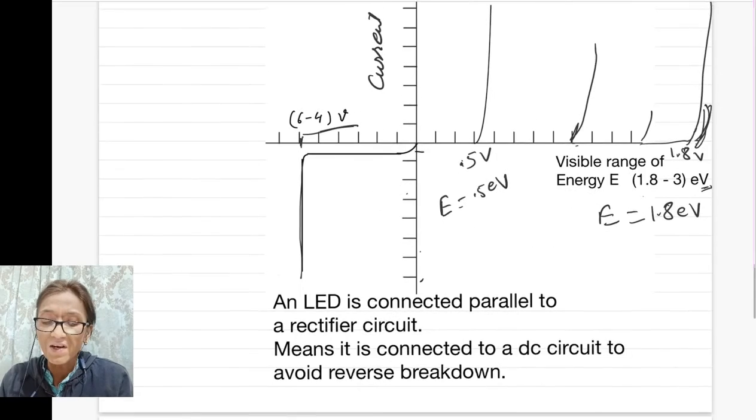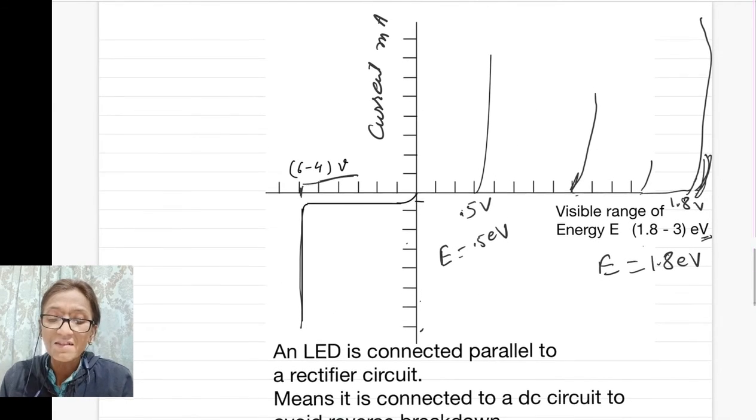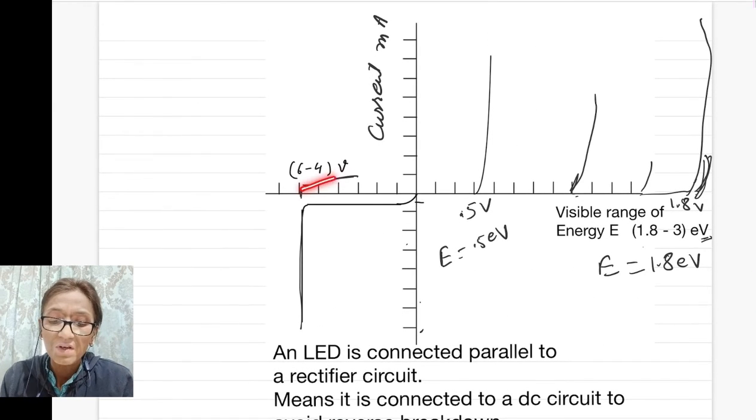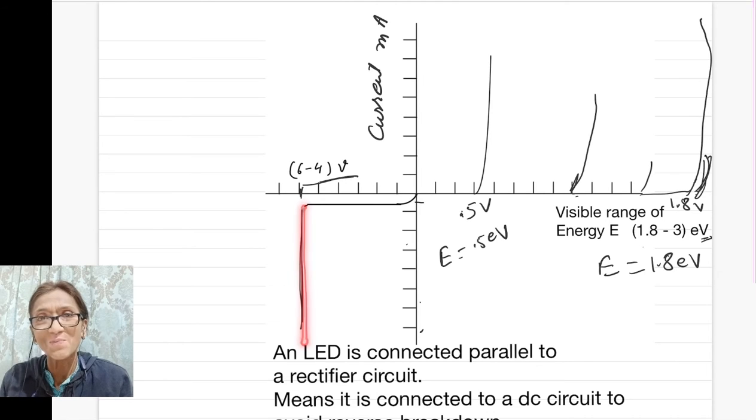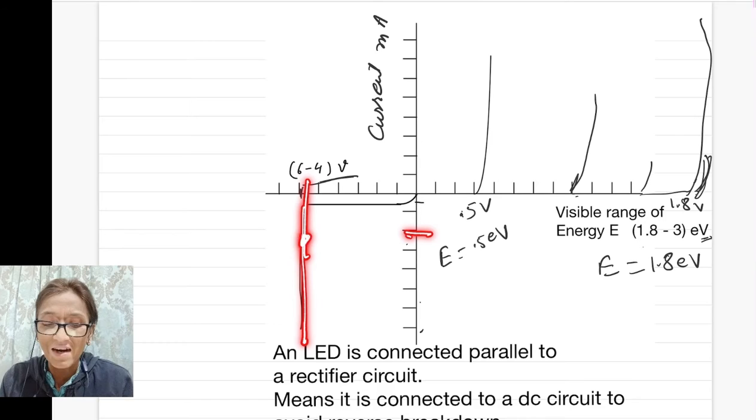And in reverse bias, since it is highly doped, if you apply a potential of only up to 5 volt, there is a breakdown. What is breakdown? Potential remains the same, current starts increasing. At every point, potential remains 5 volt.